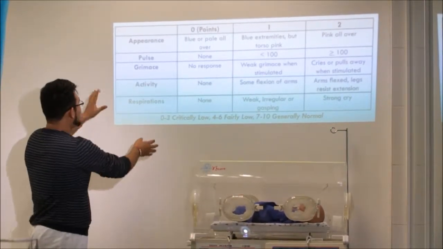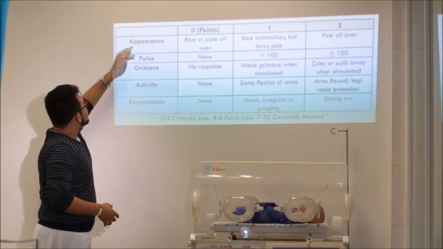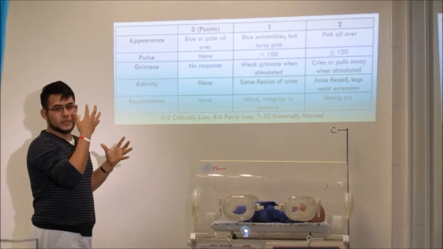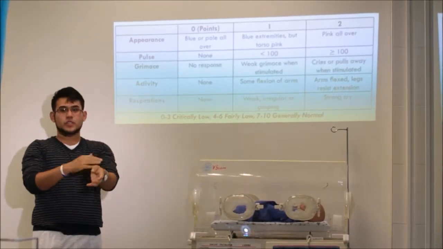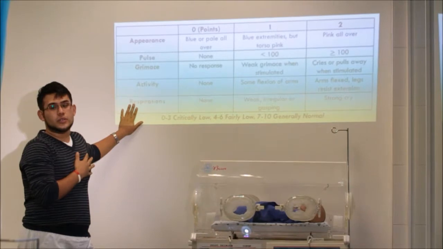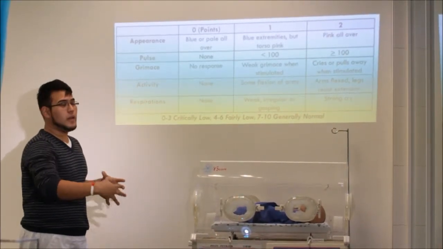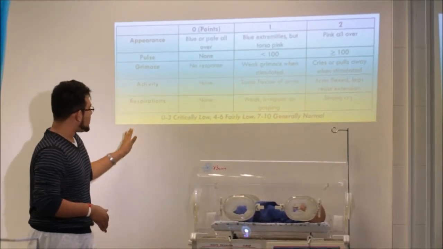Appearance is the skin color, pulse is the heart, grimace is the reflexes, activity is the muscle tone, and respiration is how the baby is breathing now and after birth.